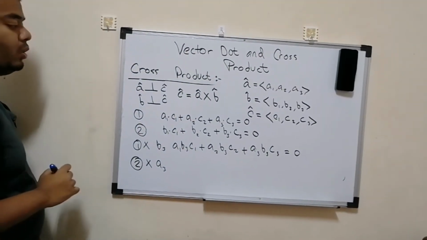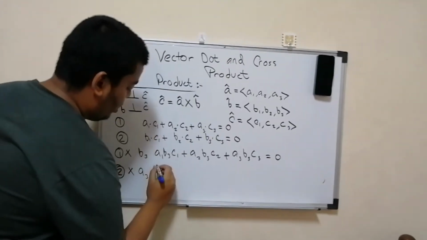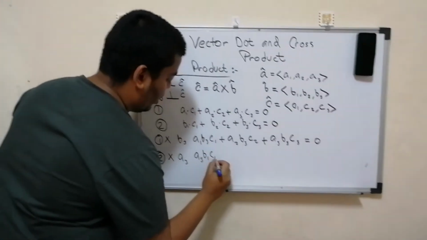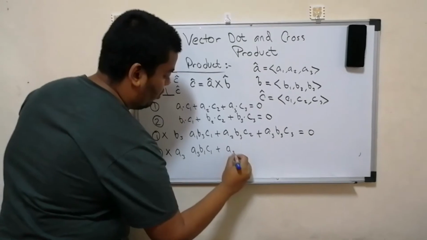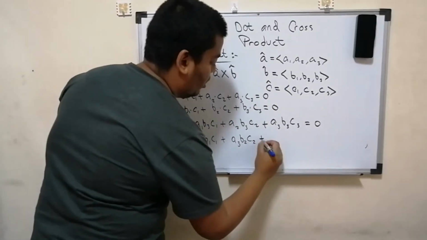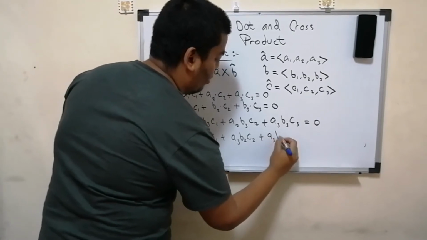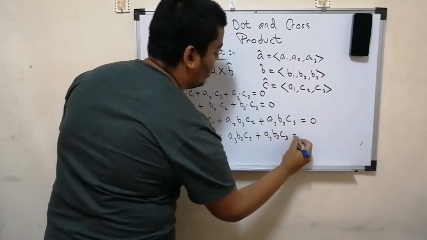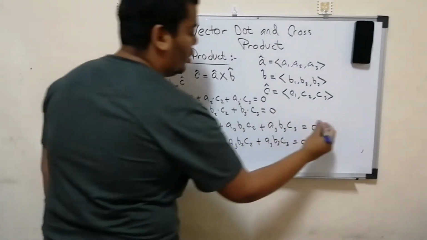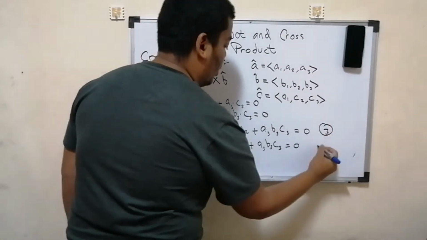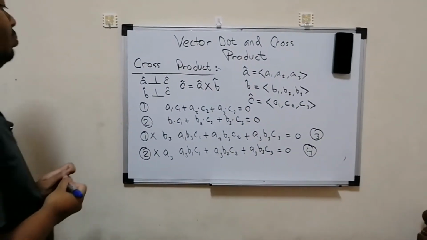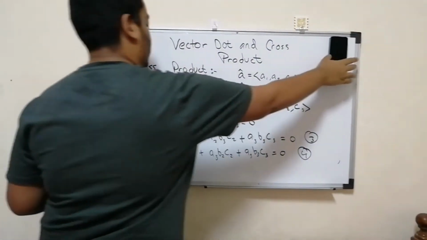When we multiply equation 2 with A3, we will get A3 B1 C1 plus A3 B2 C2 plus A3 B3 C3 is equal to 0. So let's name this equation 3 and let's name this equation 4. I'm going to remove the top part.